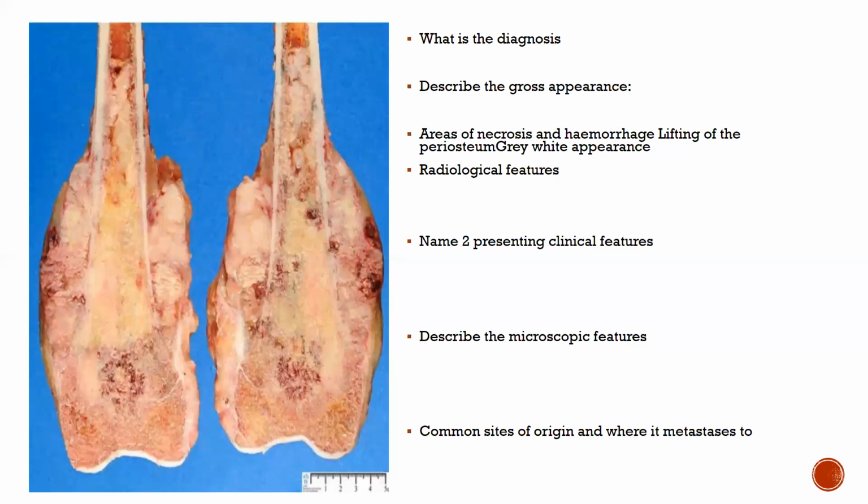We already know the system is musculoskeletal, and this is a bone. But from where? Is this a femur? Okay, it seems to be a femur.